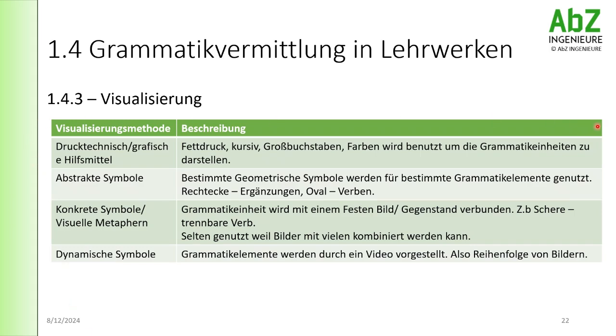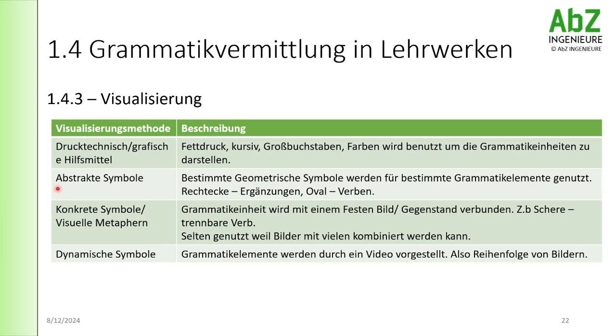The tabular column gives a short description of all the 4 Visualisierungsmethoden which can be used for exam purposes. So first one is Drucktechnik-grafische Hilfsmittel. So bold, cursive, so italics, capital letters, colors, they are all used to highlight the grammatical elements.